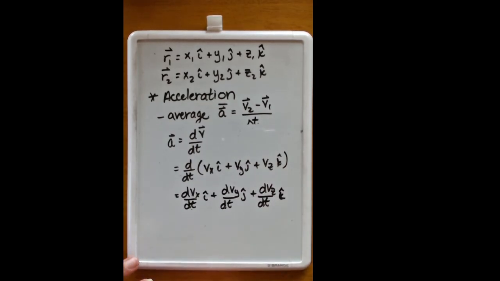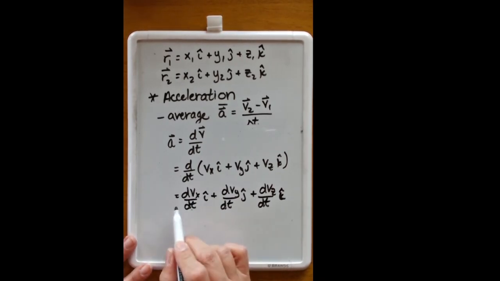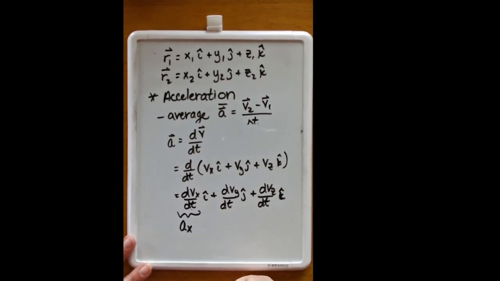And similarly, as we had with velocity, dvx/dt is the x component of acceleration. It's the derivative of velocity in the x direction. The derivative of velocity in the y direction is the y component of acceleration, so it's a sub y. And the derivative of velocity in the z direction is the z component of acceleration, a sub z.